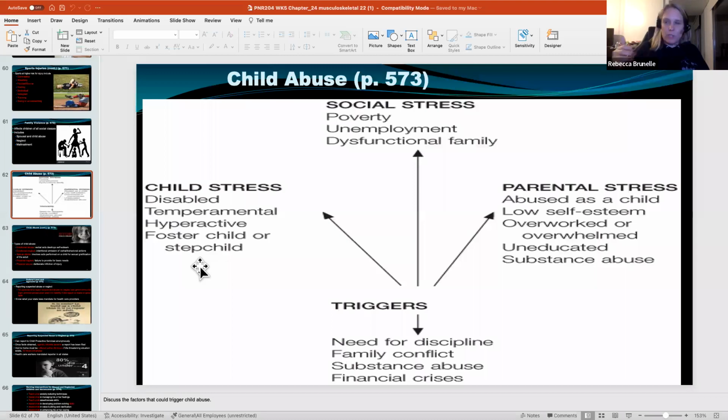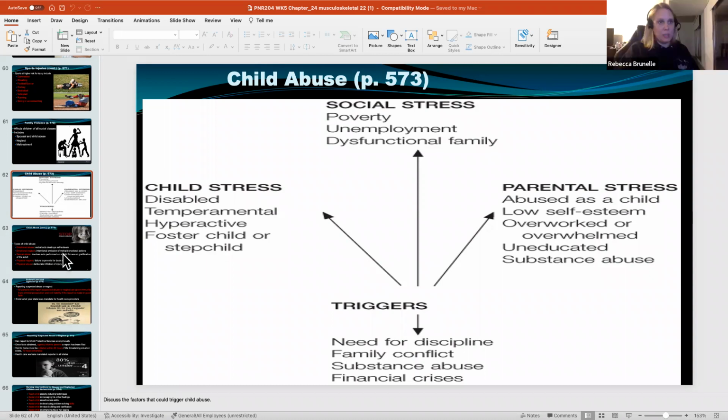So even though there are risk factors, don't ever categorize anybody in any socioeconomic category and assume that they're not treating their child well, because that's absolutely not true. There are stressors that can predispose, but anyone in any social class could be an abuser. So you shouldn't make any generalizations based on how somebody dresses or their level of education or their access to financial resources.